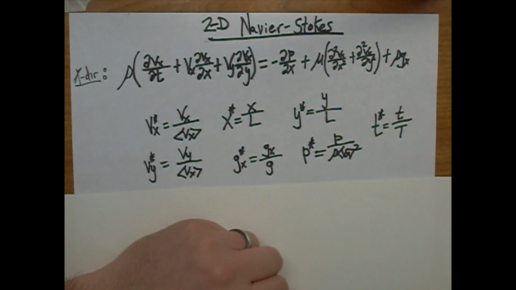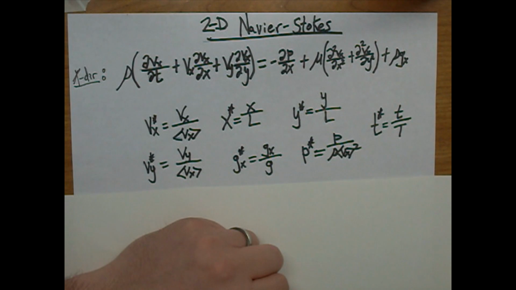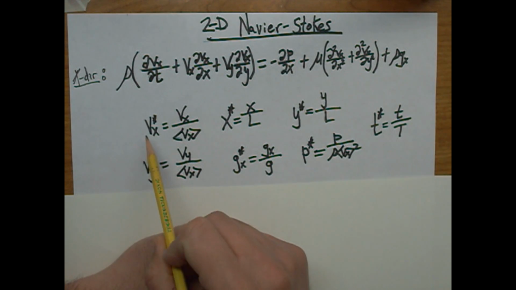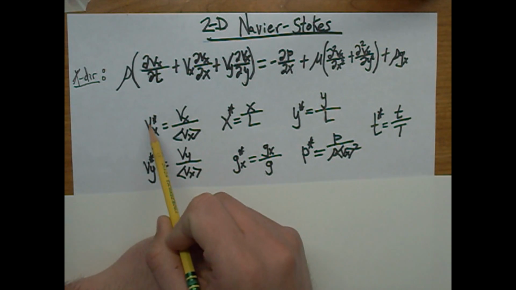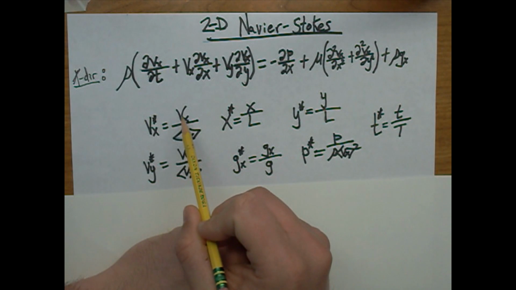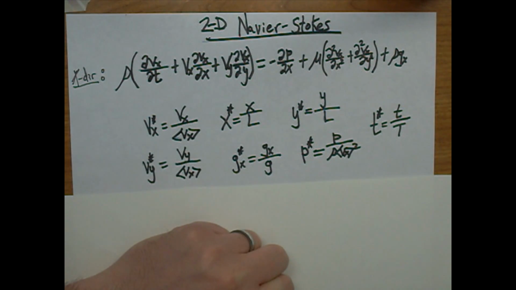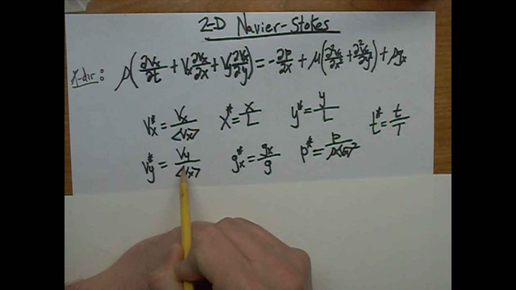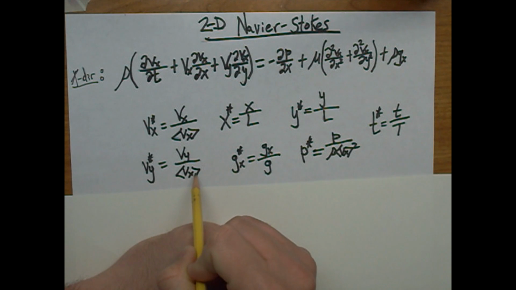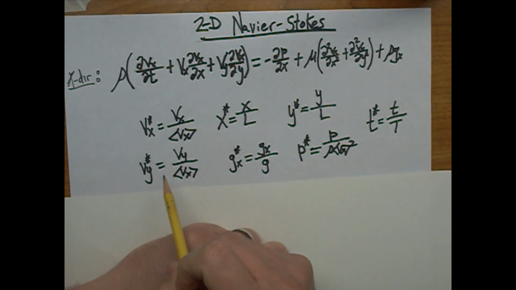So here are the non-dimensional terms that we're going to use, and I'm labeling all of them as the variable starred. So Vx star would equal Vx divided by the average velocity in the x direction. Same goes for Vy. We're normalizing by the average velocity in the x direction.